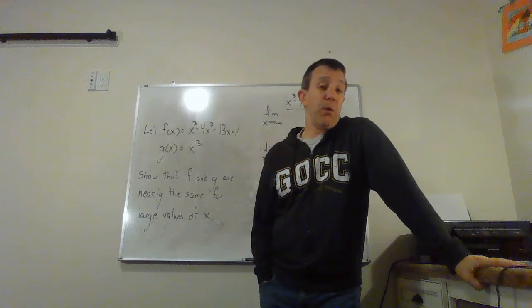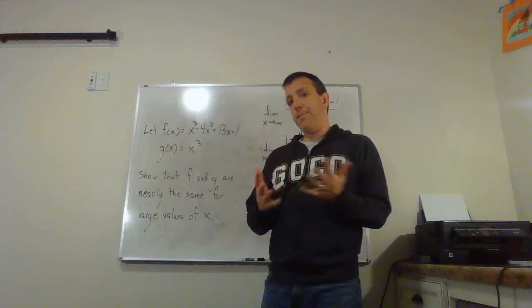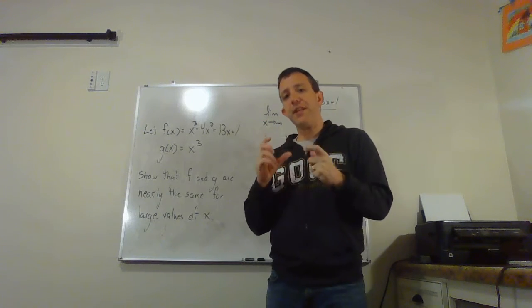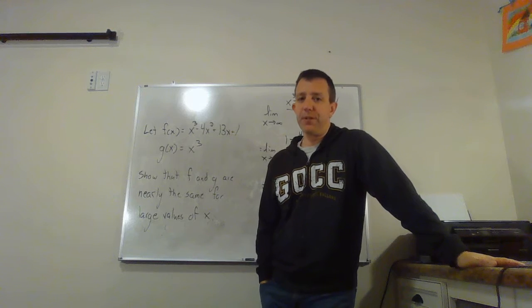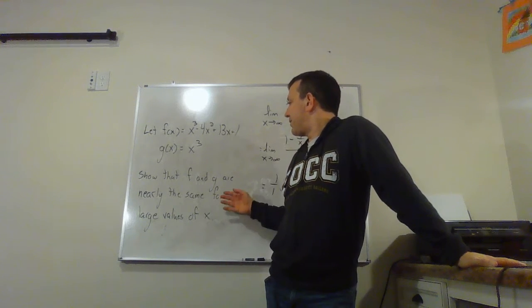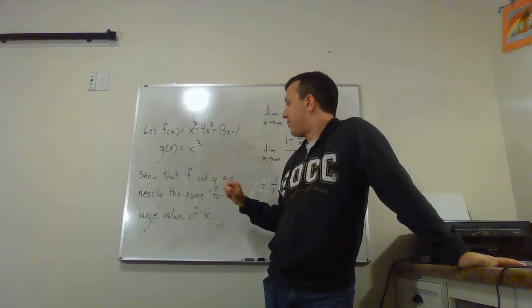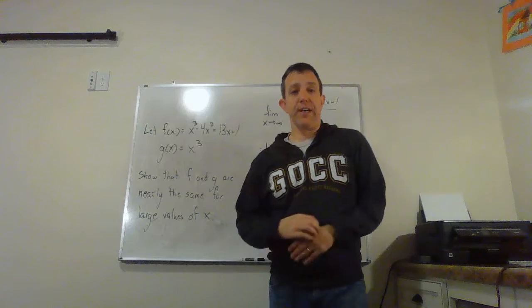If you didn't take it from me, hopefully you learned about end behavior of polynomials. Basically, what I said back then is that it's really that first term, the highest power for a polynomial, that decides its end behavior. And so what I want to do here is show that for these two polynomials, f and g are nearly the same for large values of x.